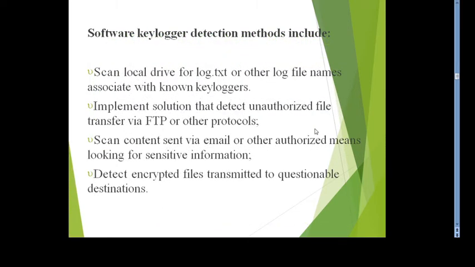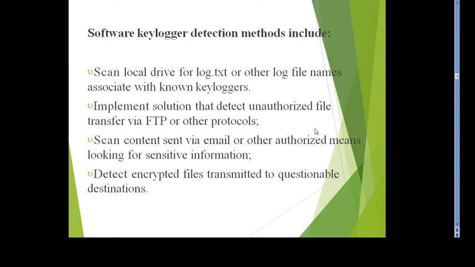Software keylogger detection methods include the following. One, scan the local drive for log text or other log file names associated with known keyloggers. Two, implement a solution that detects unauthorized file transfer via FTP or another protocol.